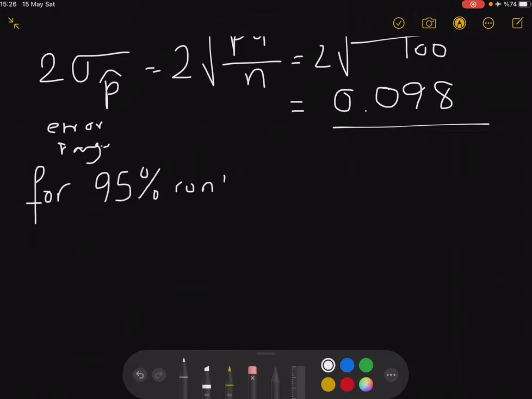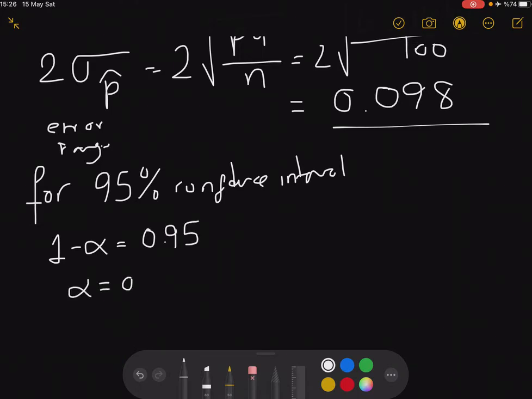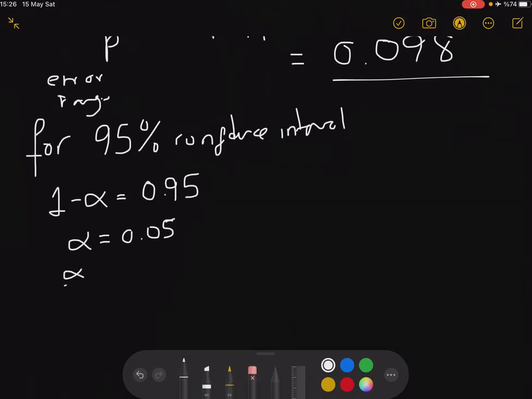And if we want to speak with 95% confidence, your 1 minus alpha should be 0.95, and your alpha should be 0.05, and your alpha/2 should be what? 0.025, right?